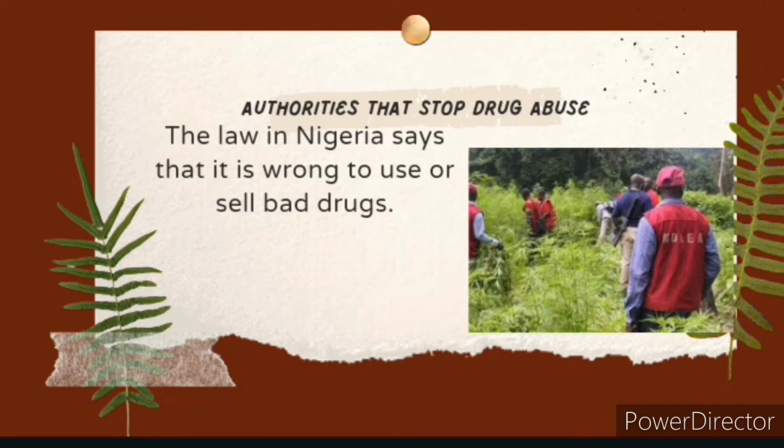Now the law in Nigeria says that it is wrong to use or sell bad drugs. For this reason, the government created two organizations that have authority to stop drug abuse.